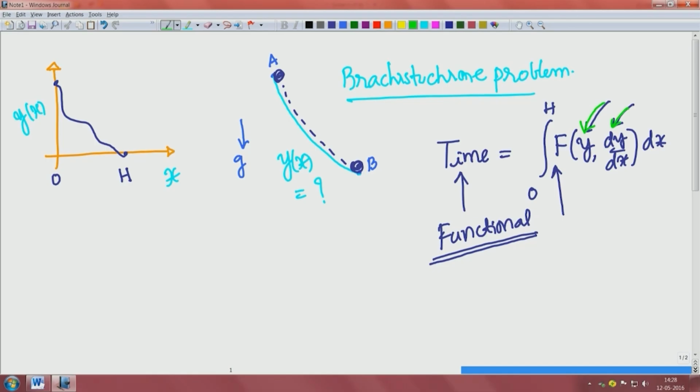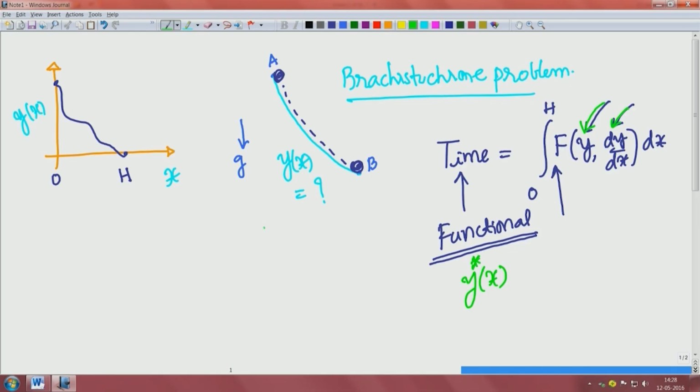Understanding a functional in this manner will only take us that far. We need to know a proper definition of what a functional is, because we need to understand how that functional depends on the functions. So, here y of x is our function, and its derivatives also are there. Among all these functions that exist, let us say I want to find a particular function, let us call that y star of x.